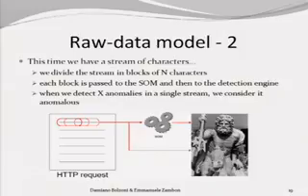So we said, okay, instead of taking the network packet, we can take the stream and divide the stream in blocks of n characters length, so we can modify this length. And then we pass each block again to the neural network that will classify it.